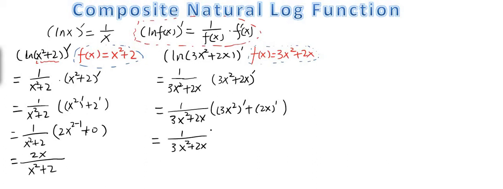For the first term, we have a constant multiplying x squared. We just extract the constant and do the derivative for the x terms, right? And the same thing for 2x. We have constant 2, we just extract the 2 from this term.